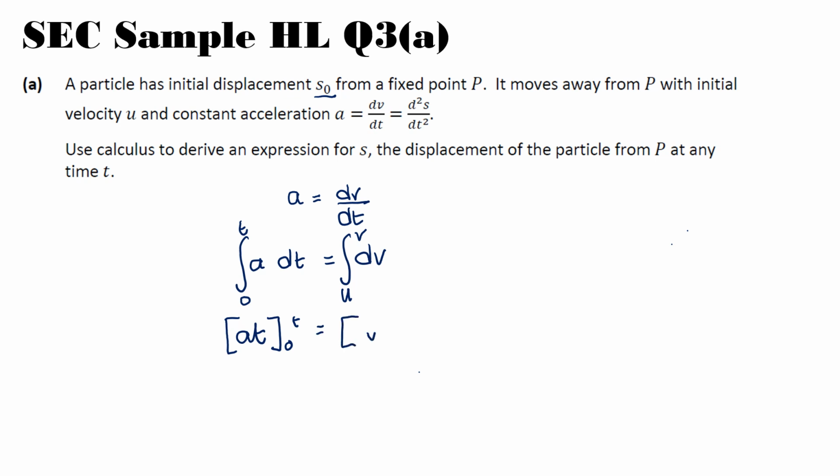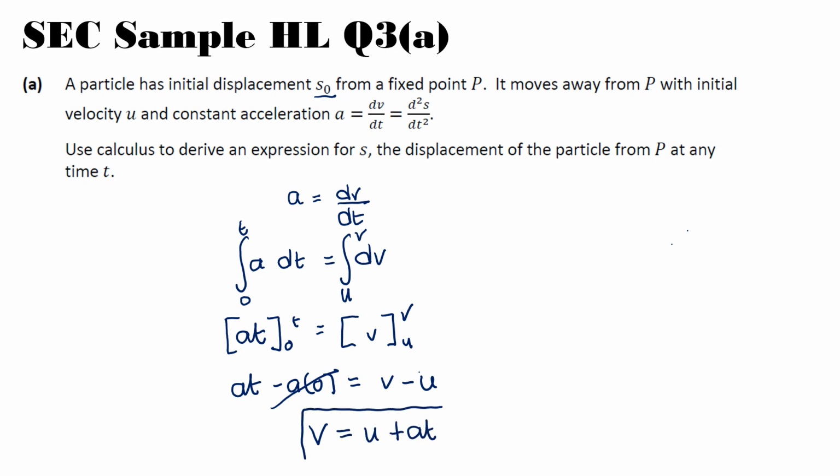On the right-hand side, we get v, and that is evaluated between u and v, giving us at minus a times 0 is equal to v minus u. And then rearranging that, we're going to get v is equal to u plus at, which is a formula for the velocity at any time t.